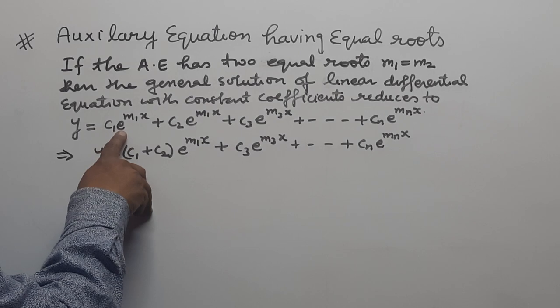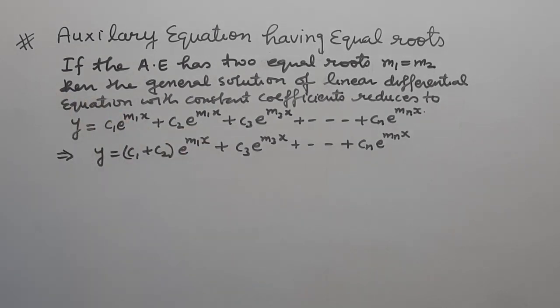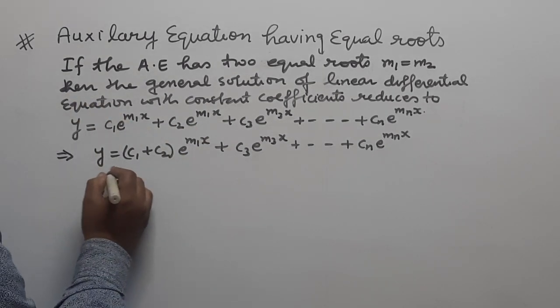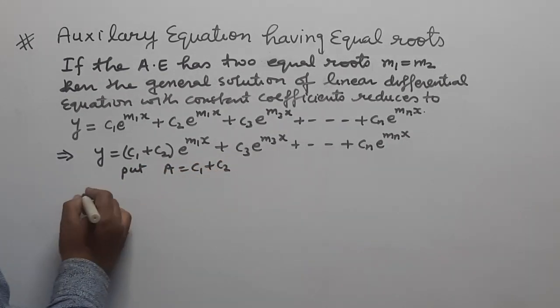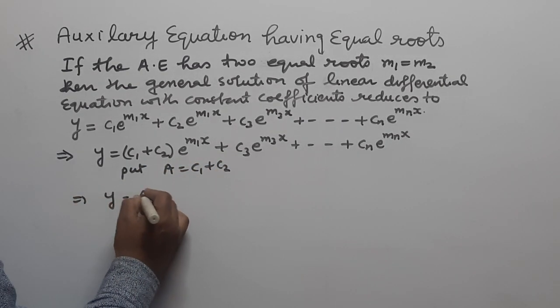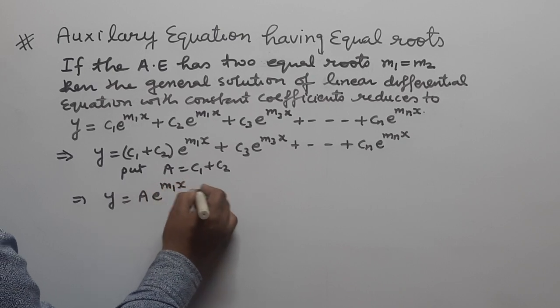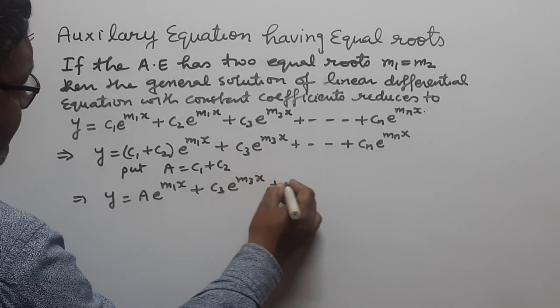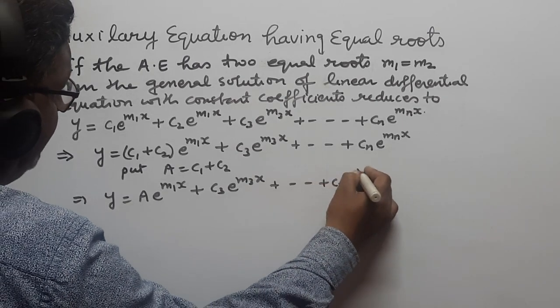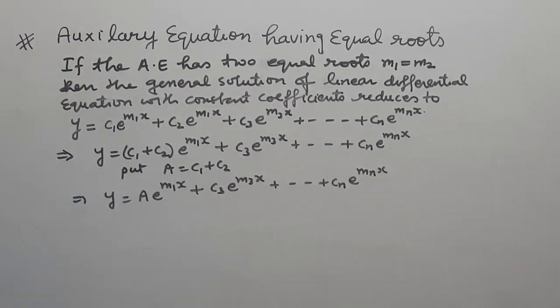Now e to the power m1x is common, so we put a is equal to c1 plus c2. So this can be written as y is equal to a e to the power m1x plus c3 e to the power m3x and so on cn e to the power mnx.